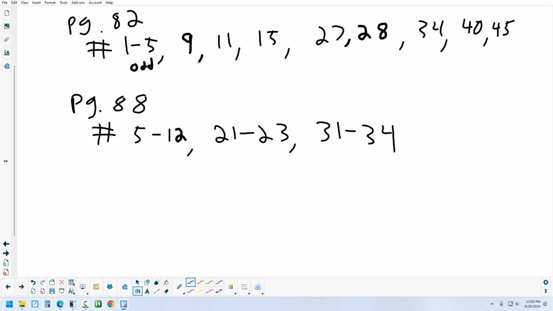Let me just check the 8. Okay, yep, so that's good. 31 to 34, that's an interest problem. I equals PRT, so all the same question. 21 to 23, that's a rectangle problem, kind of like the one we did at the beginning of class in the homework. And 5 through 12 is, actually, it's all rectangle problems. So these are all rectangle questions.